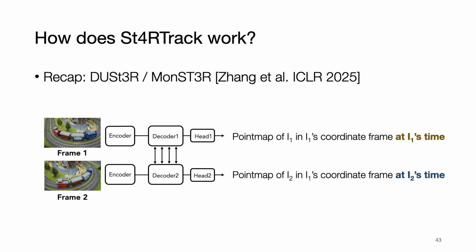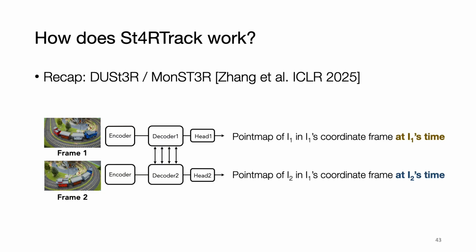Whereas for the second branch, you're predicting the point map for the second view, but in terms of coordinate system, it's aligned with the first view's coordinate system because you want to reconstruct things in a shared coordinate frame. And in terms of time step, you're still predicting the current view's time step.